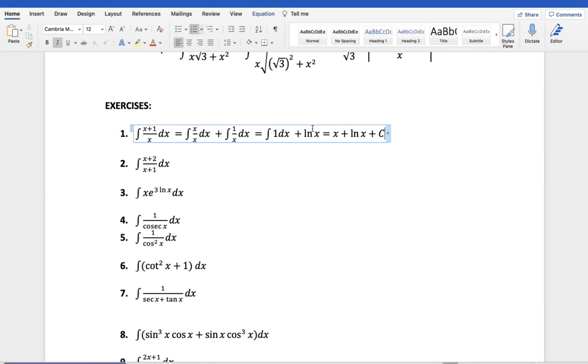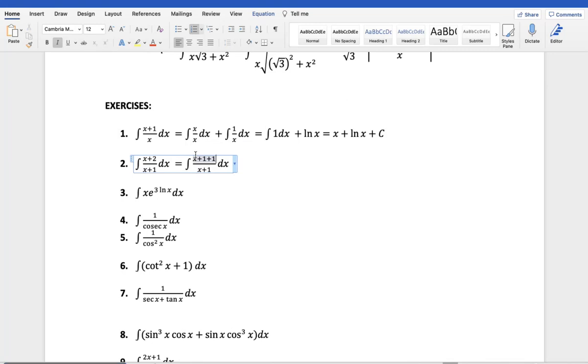Looking at the second example now, we have the integral of (x plus 2) divided by (x plus 1), right? So if we manipulate this numerator, x plus 2 is just equal to x plus 1 plus 1.